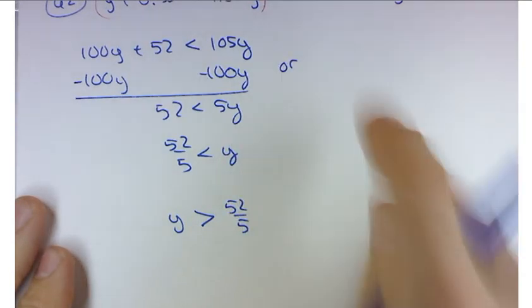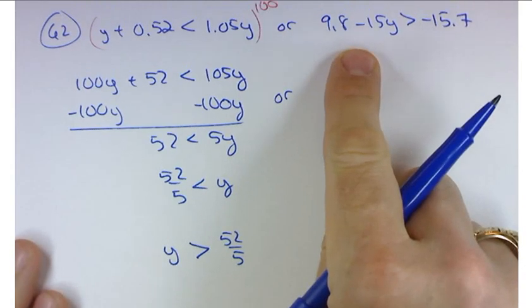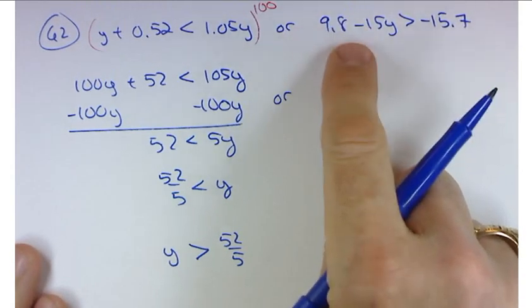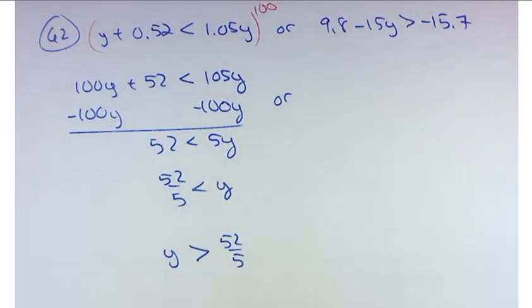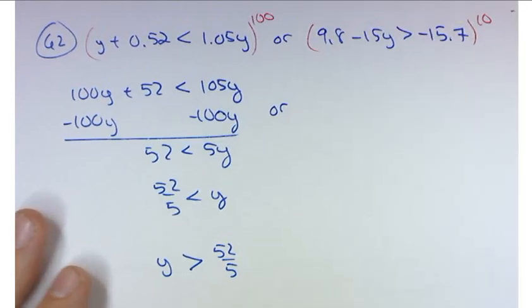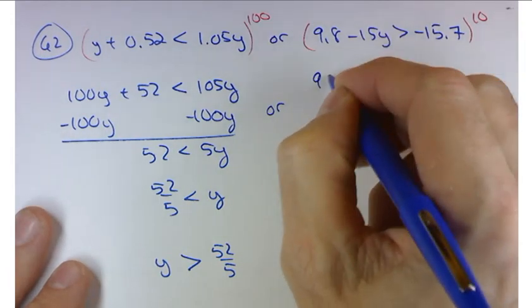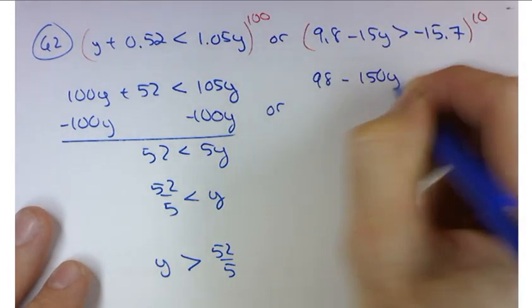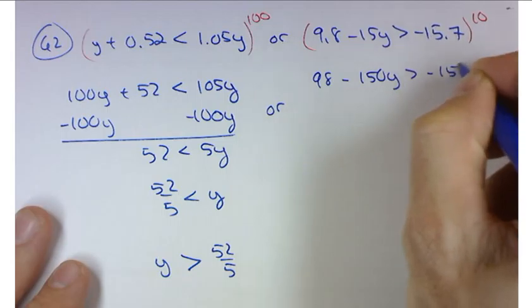Let's take a look at the other part of this. What do I need to multiply this one by? Yeah, 10 would be good enough. Anything more than 10 is going to be overkill. So multiplying by 10, I get 98 minus 150y is greater than negative 157.